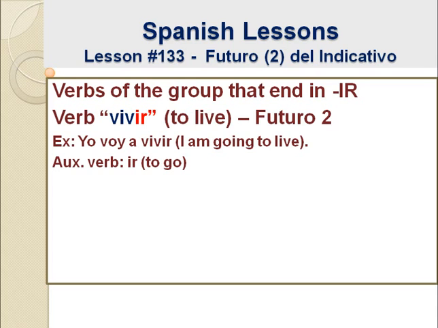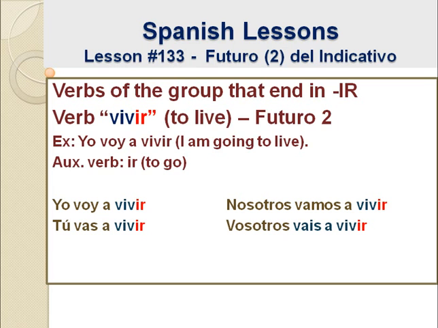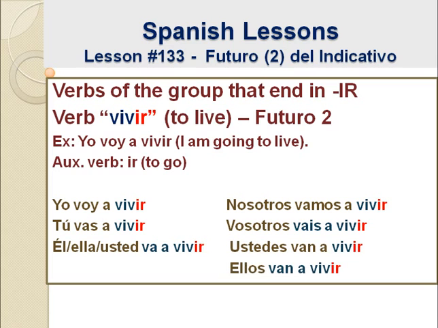The conjugation of the verb is completely irregular and it has nothing of the two letters that it shows in the infinitive, right? Ir. You can see that the conjugation has no I and has no R. Look, yo voy. Voy has no I and has no R. This is a very irregular verb. Let's begin conjugating the verb vivir.